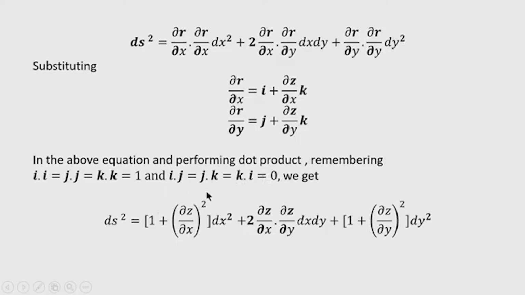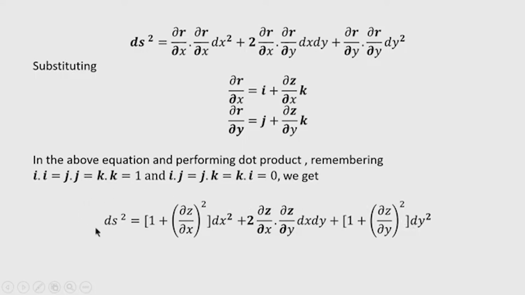Now, using this property, we can now come to this expression ds square equal to 1 plus del z by del x whole square into dx square plus 2 del z by del x del z by del y into dx dy plus 1 plus del z by del y whole square into dy square.